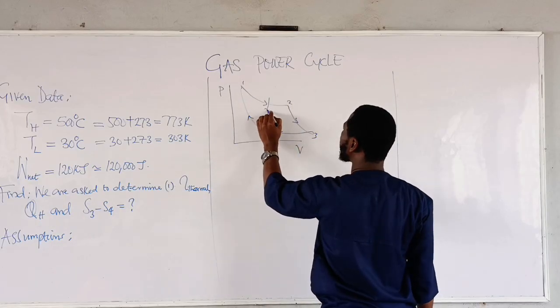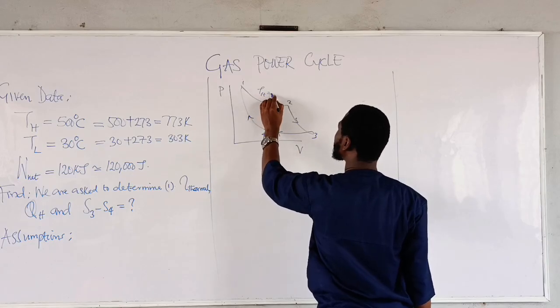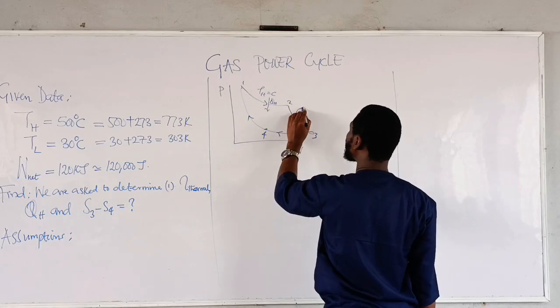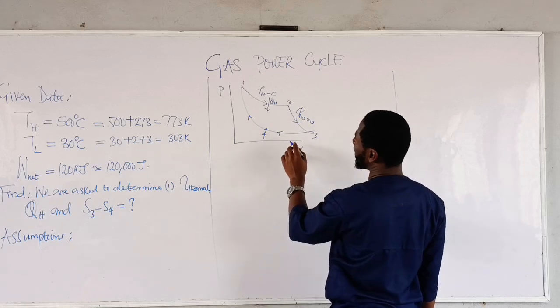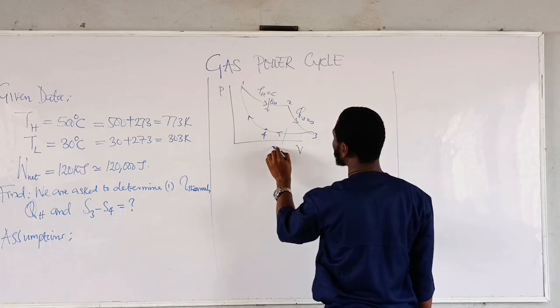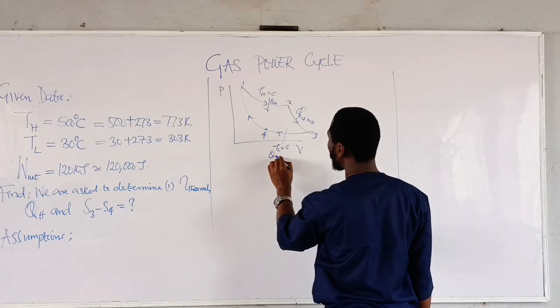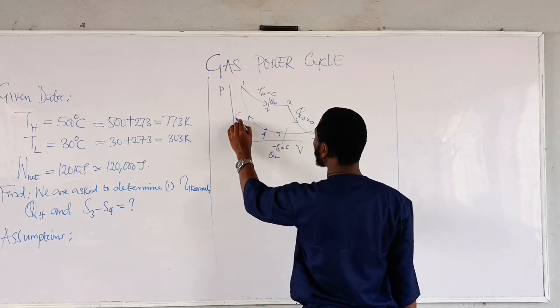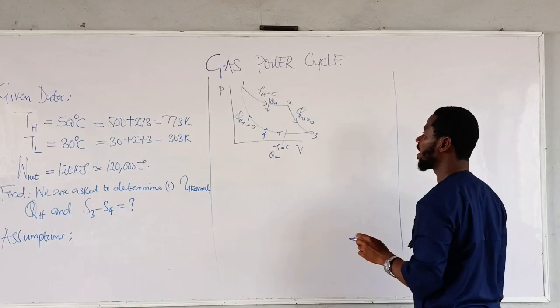At this level, we have QH and temperature TH is constant. Q2 to 3 becomes 0. Then at this level, we have TL equals constant and QL. And the final state, we have Q4 to 1 equals 0. That is the PV diagram.